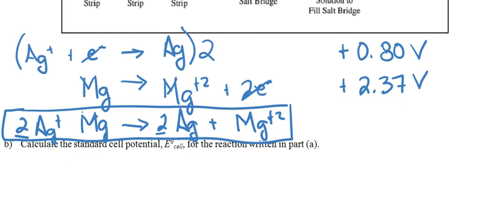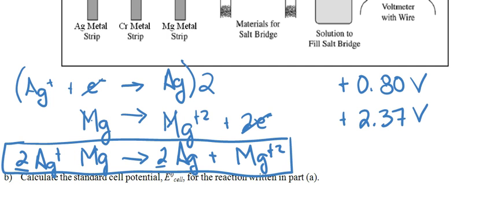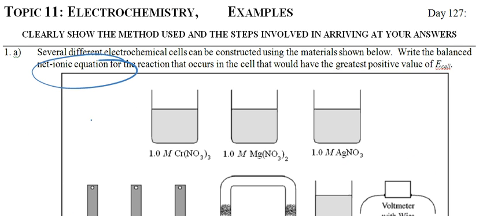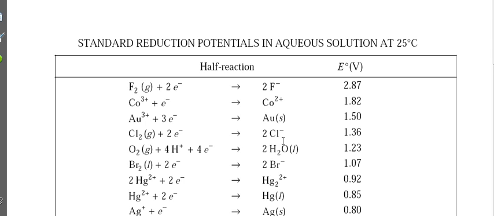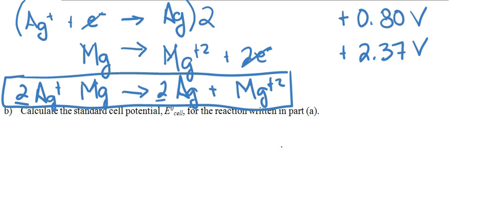Part B says calculate the standard cell potential for the reaction written in part A. Again, these solutions are all 1 molar, which is very nice. So if they're 1 molar, we use the voltages that are on the standard reduction potential sheet. And again, anything that's in standard conditions means that you're looking at a 1 molar solution. Don't forget that. That's a concept. So figuring out the voltage, well, we have them right here.